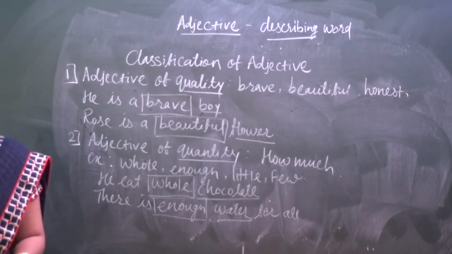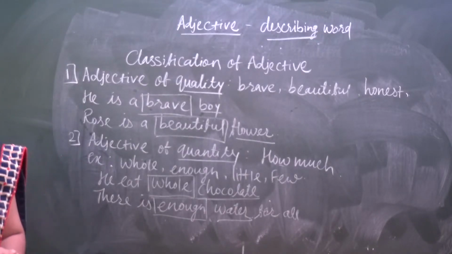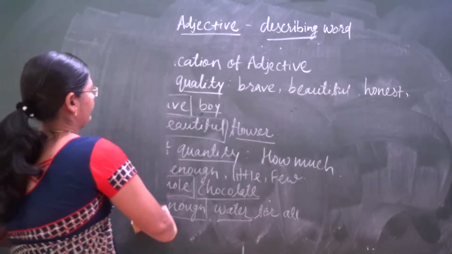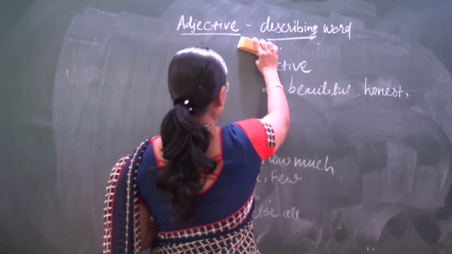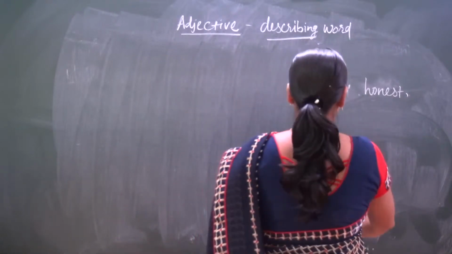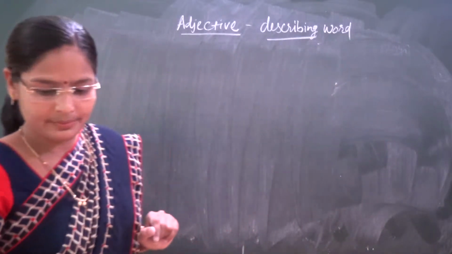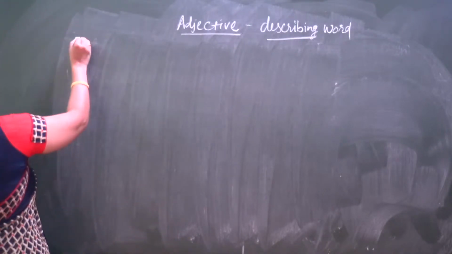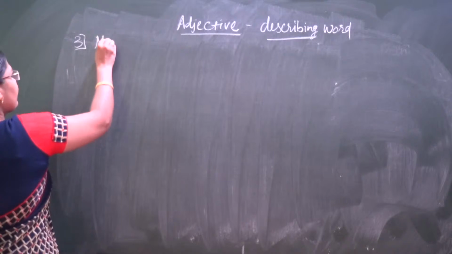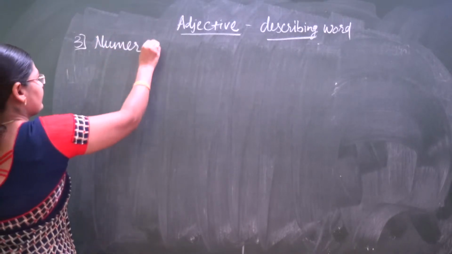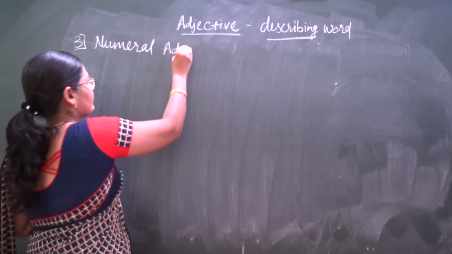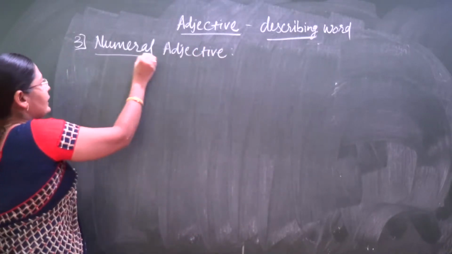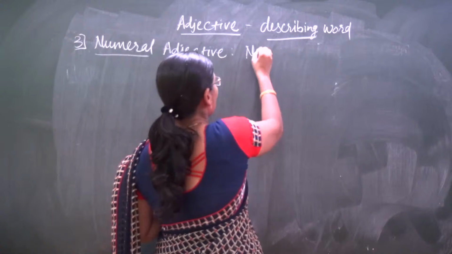Our third type of adjective is the numeral adjective. Numeral adjective tells about the number.